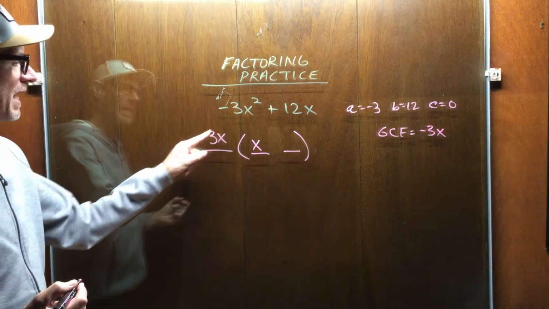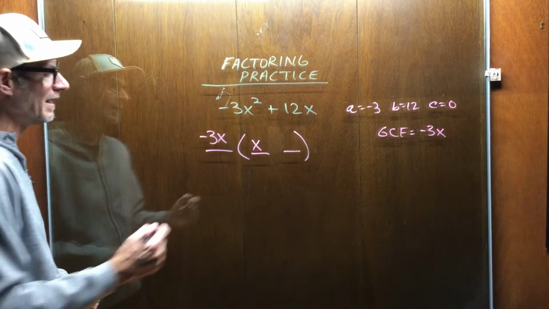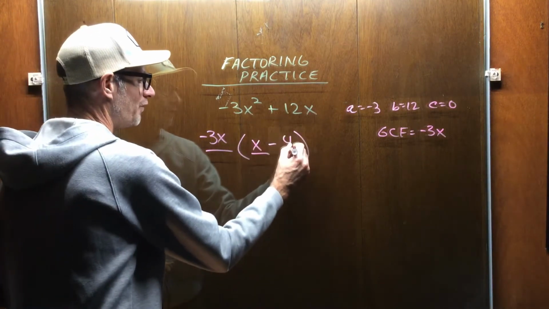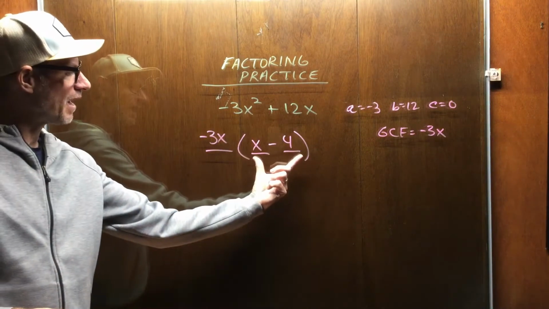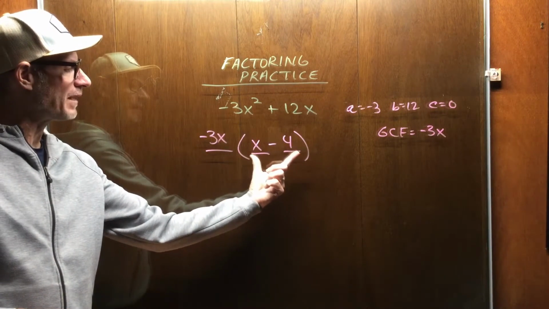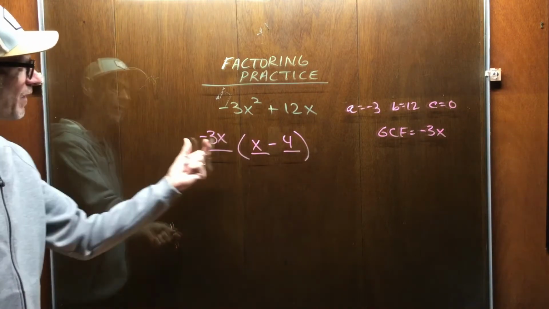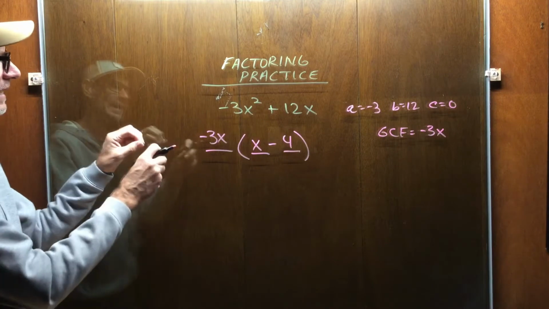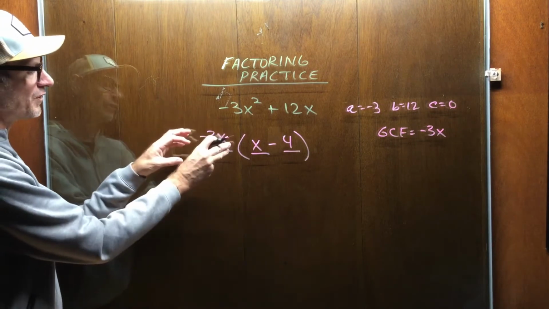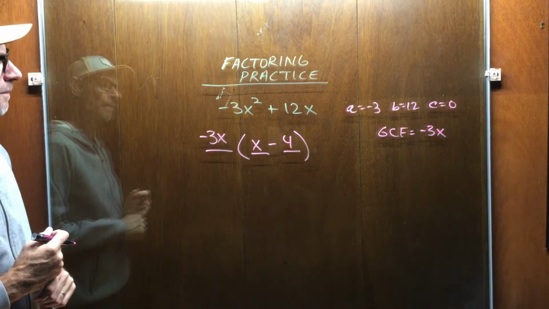And -3x times something is going to give me +12x. That will be -4. Now, this cannot be factored any further. That is a binomial factor. There's no x squared in there. And my greatest common factor is -3x. So that is the factored version of this standard form binomial.